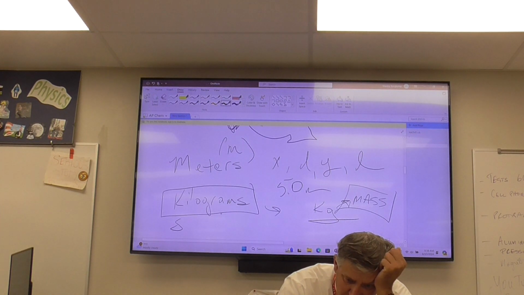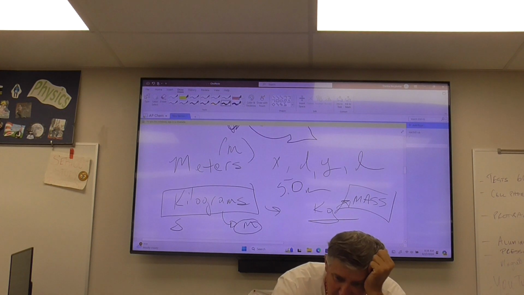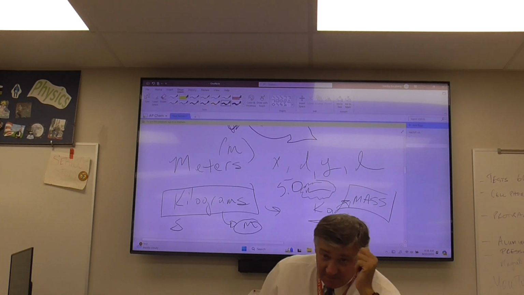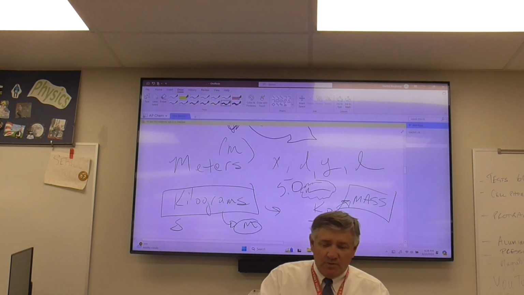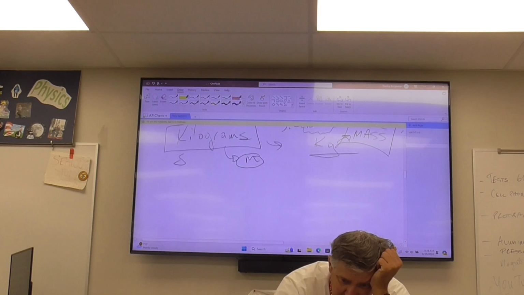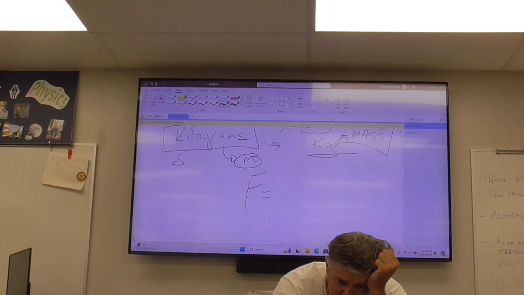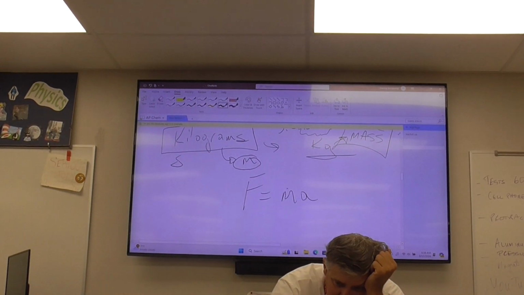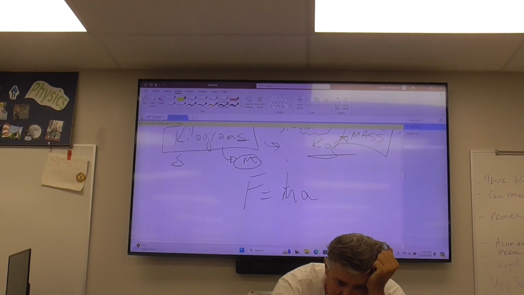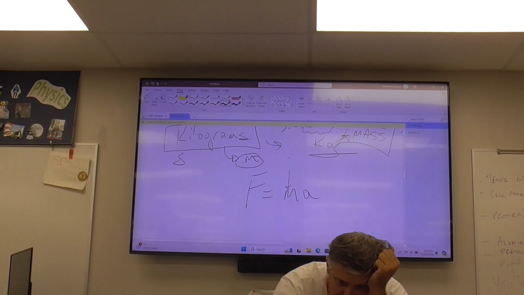When you see kilograms and mass, that's represented by the letter M. What you have to watch a little bit is that when you look at that big sign hanging back there that says F equals MA, that M is in kilograms.